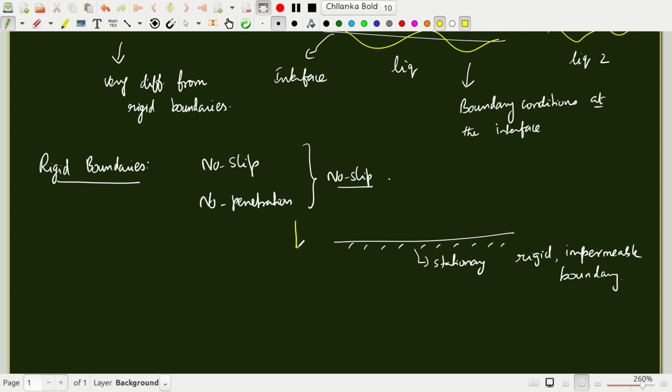Let's say you have x, y into the board and into the screen, and z perpendicular to the wall.